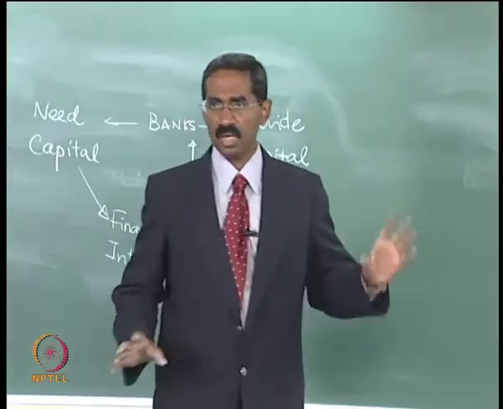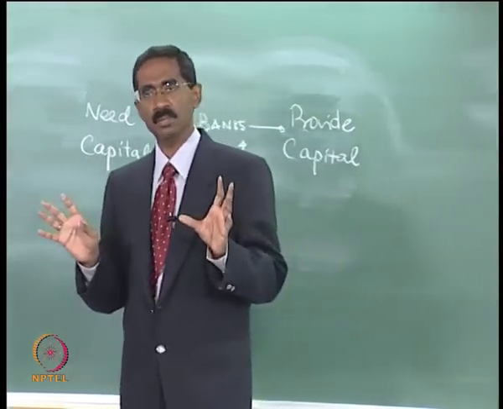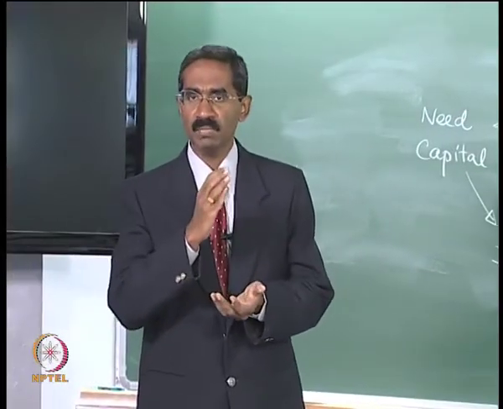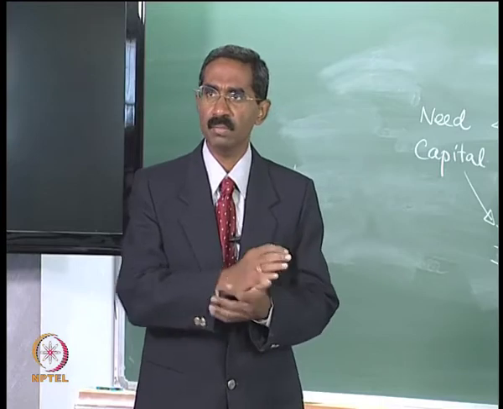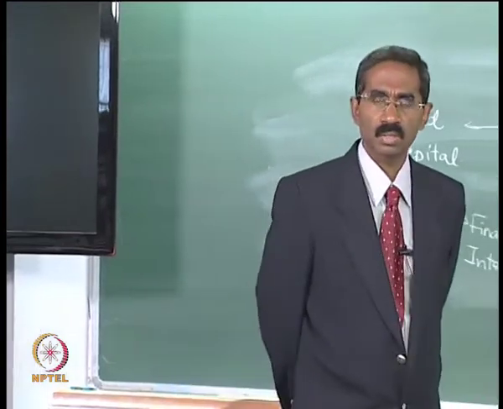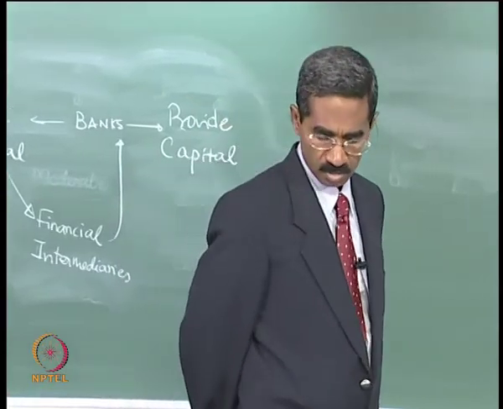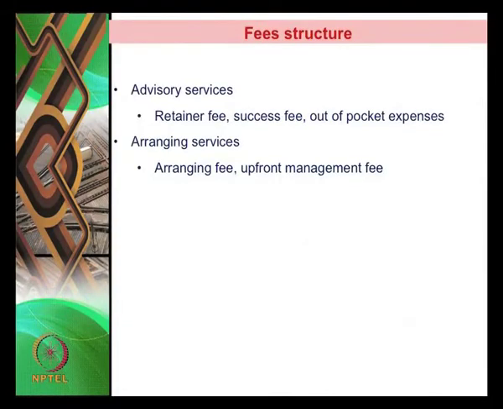Okay. So in addition to all the other players that we have seen, we have the arranger firm, and then we have the advisory firm. These roles also play an important role in the project finance transaction. Obviously, for all the services they will have to be compensated. For an advisory services firm, there are different types of fee structure. We have what is called a retainer fee.